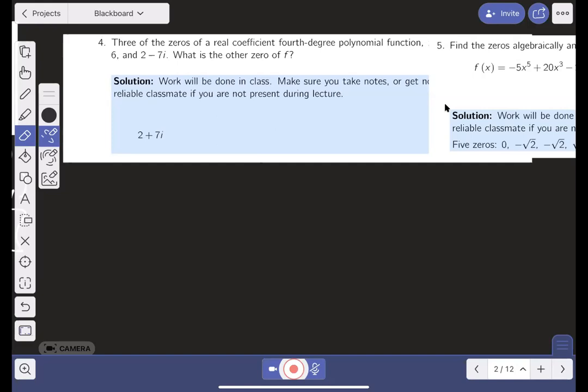Well, I know that a 4th degree polynomial has 4 zeros. Three of the zeros of a real coefficient 4th degree polynomial function are 6 and 2 - 7i. It says, what is the other zero of f? Wow. Let's take a look at that. 3 of the zeros, they only gave me 2.